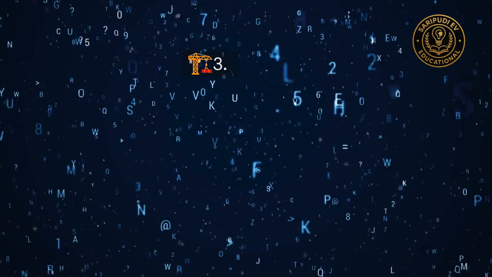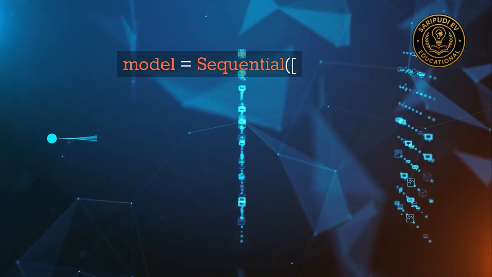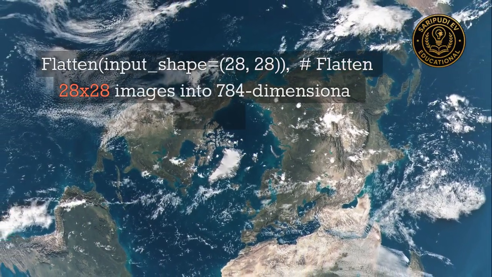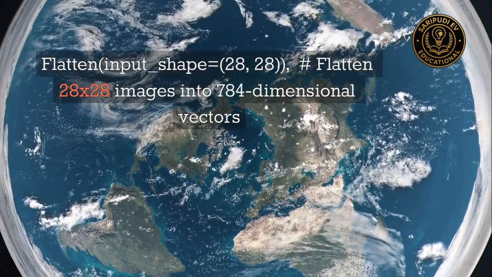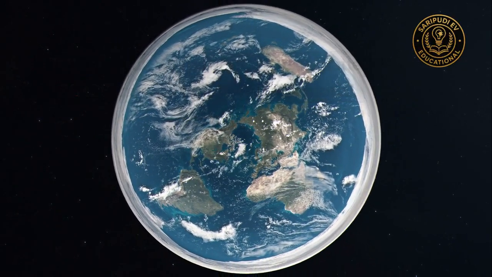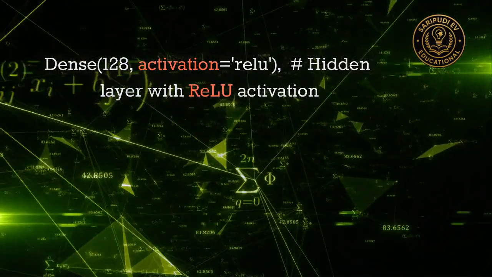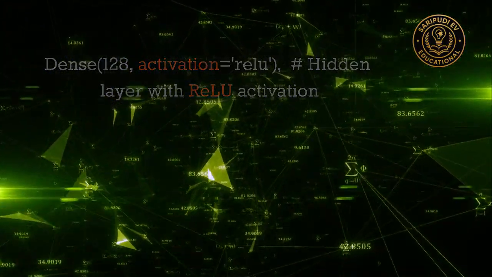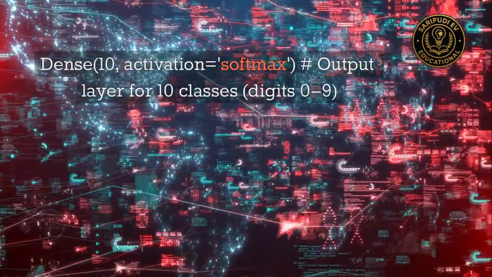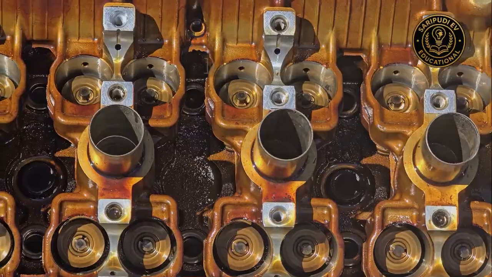Step 3: Build a simple neural network model. model = Sequential([Flatten(input_shape=(28, 28)), # flatten 28 by 28 images into 784-dimensional vectors, Dense(128, activation='relu'), # hidden layer with ReLU activation, Dense(10, activation='softmax') # output layer for 10 classes, digits 0 to 9]).